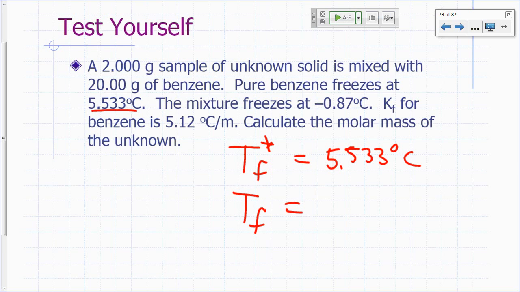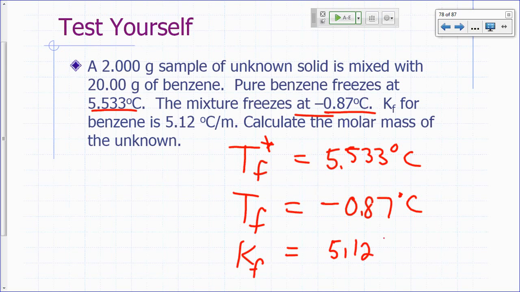Now, when 20 grams of benzene was mixed with 2 grams of your unknown solid, it's found that the freezing point is now negative 0.87 degrees Celsius. And the KF, the cryoscopic constant for benzene, is 5.12 degrees Celsius per molal.